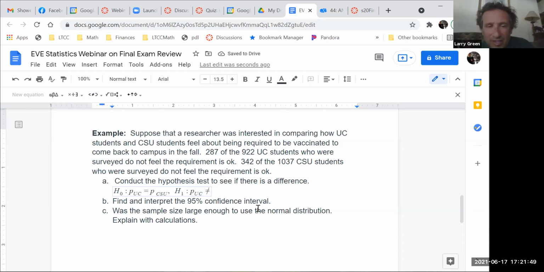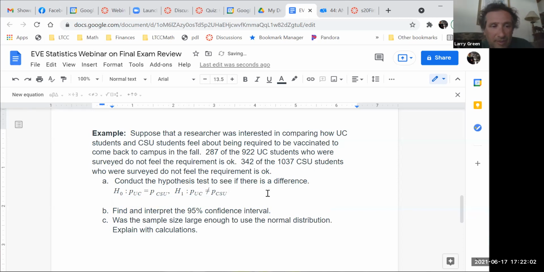So P sub UC is not equal to P sub CSU. Any questions on H0 and H1? Okay, the next thing we need to do is we need to do what? What's the next step? Yeah, we have to go to our calculator.